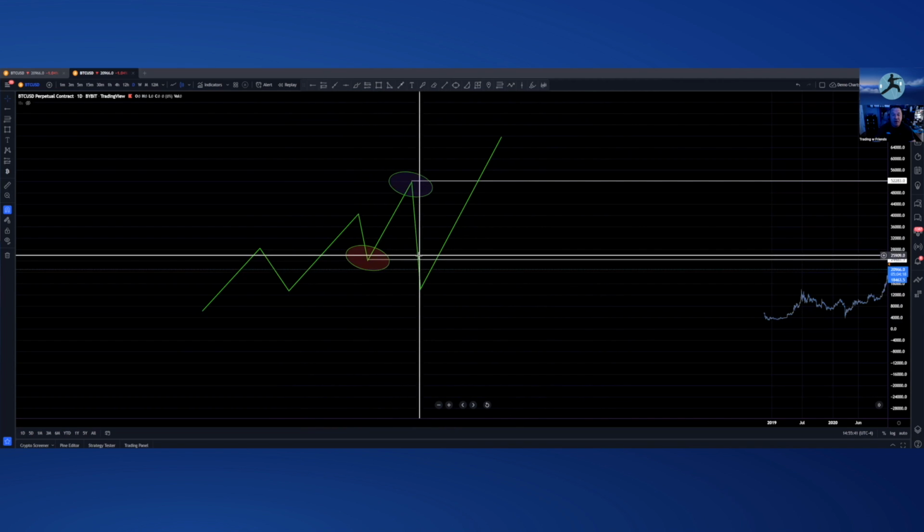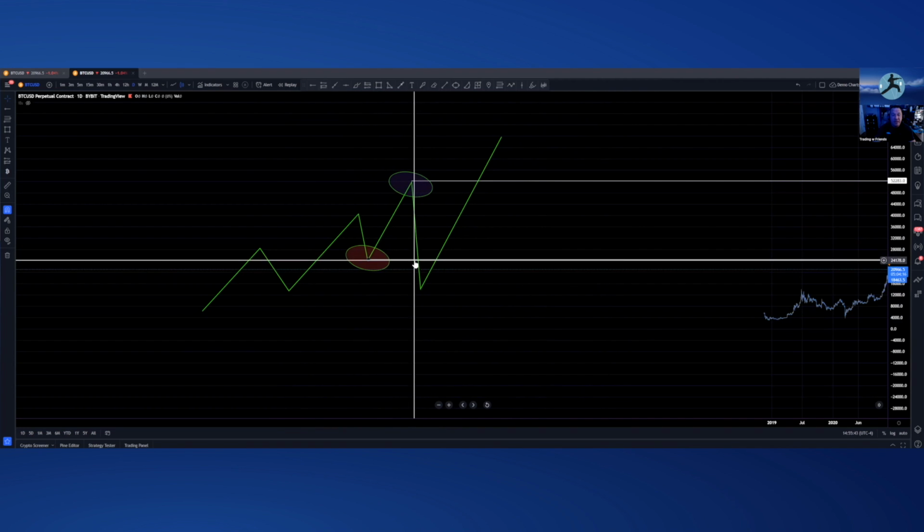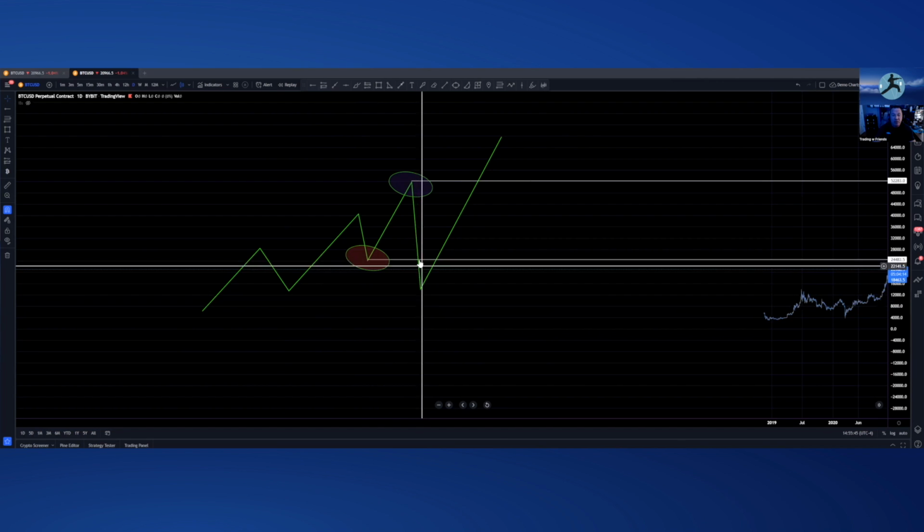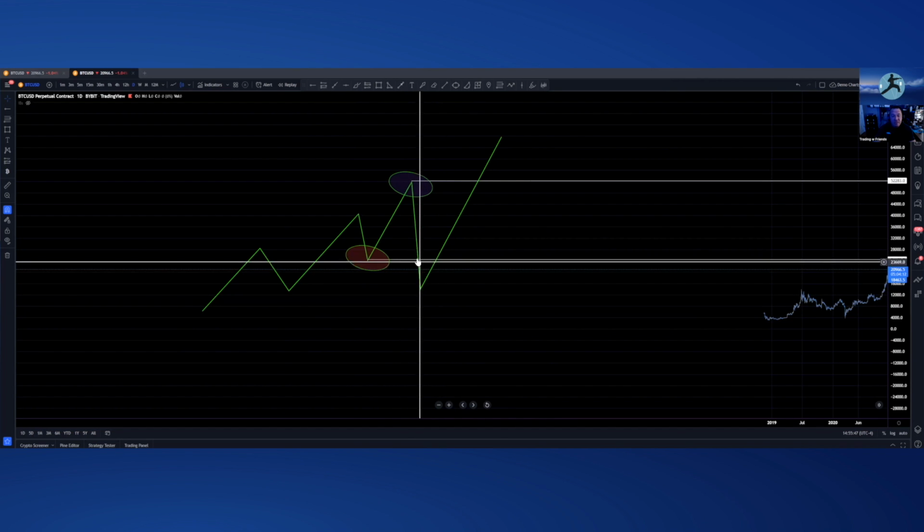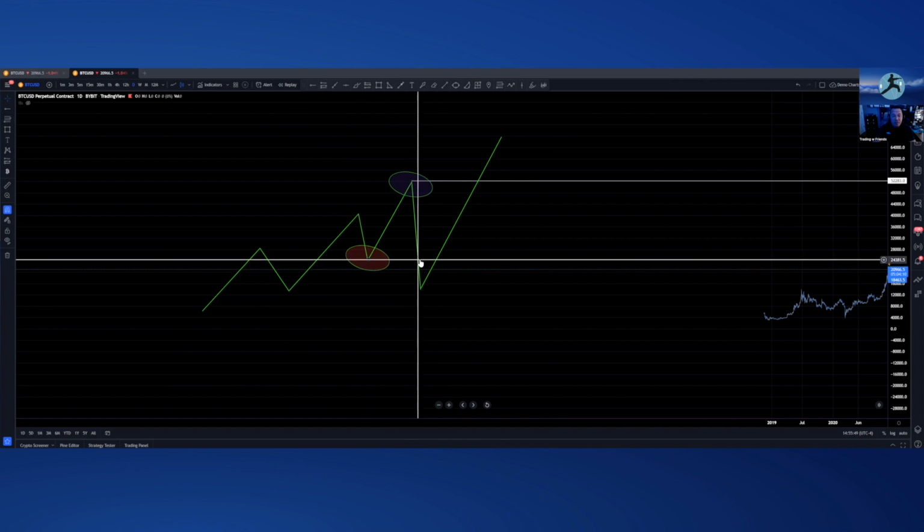Now this right here, this very well may be just a wick, right? And that's kind of important. What's important is looking for candle closures, not hard closes, but the body just closing below levels.